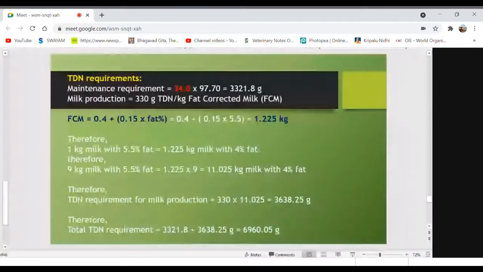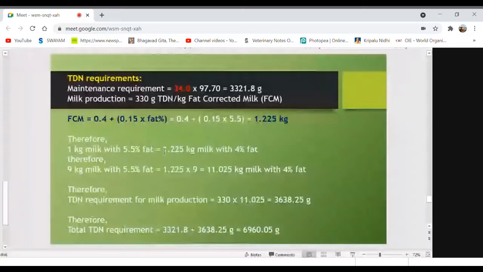Okay, this is the meaning of 1.225 kg fat corrected milk: 1 kg milk with 5.5% fat is equivalent to 1.225 kg milk with 4% fat. If the fat percentage is 4.5, then 1 kg milk with 4.5% fat is equivalent to this much kg milk with 4% fat.